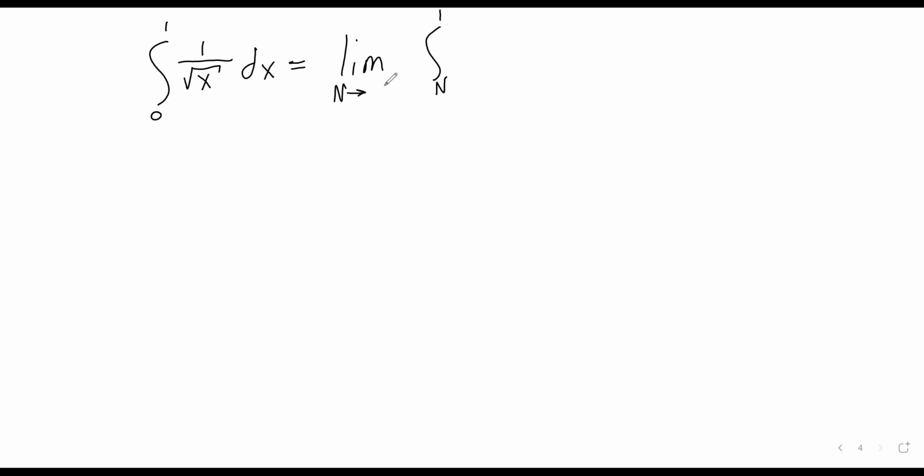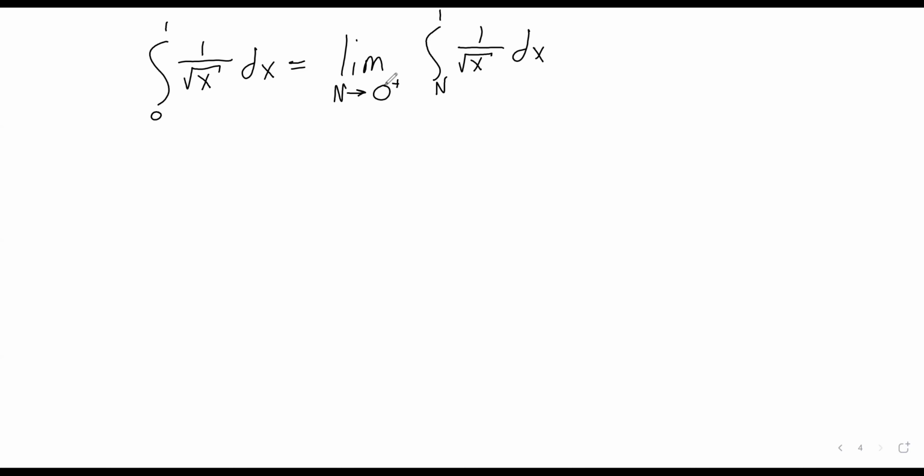We have zero specifically. We have this integral defined to be this limit. I mean, a little more properly speaking, it's the right-hand limit. We're starting above zero and going down.